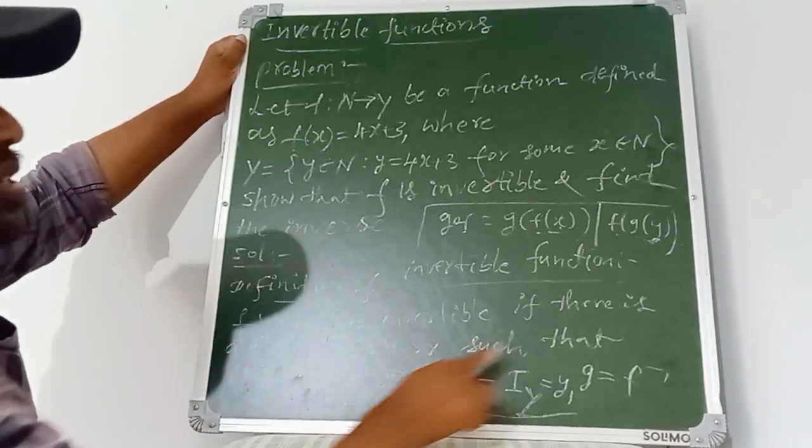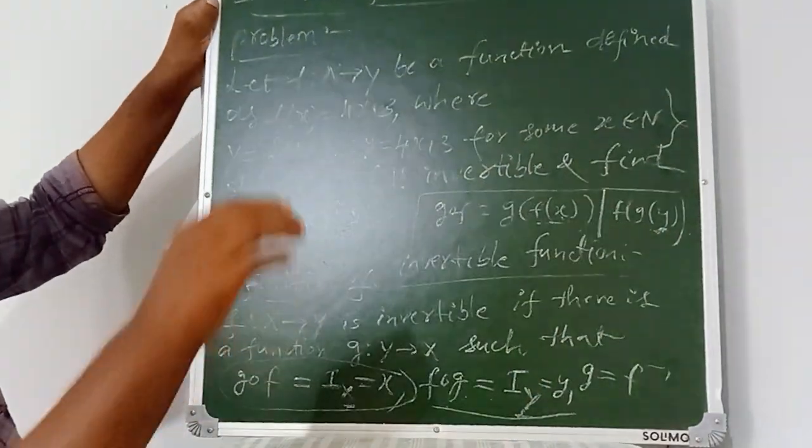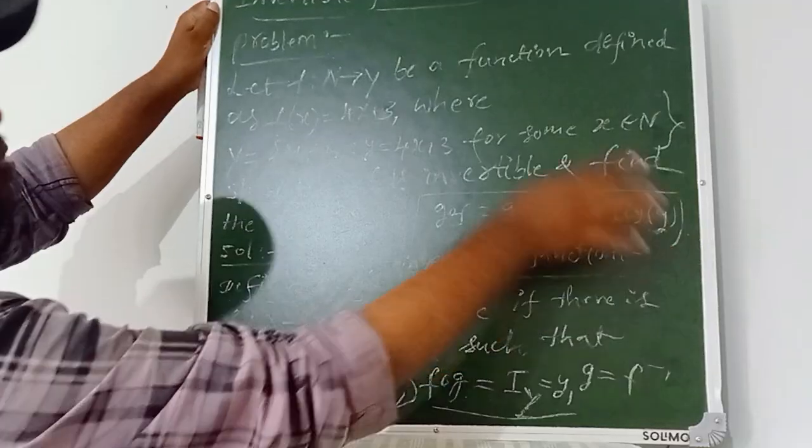f of g means, as I already told, f of g of y. We have to find this f of g of y now.